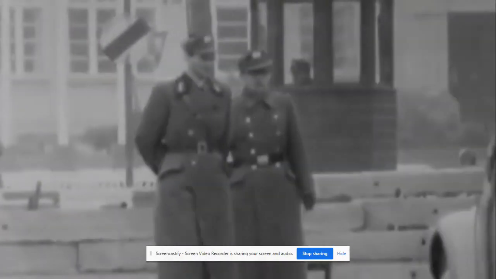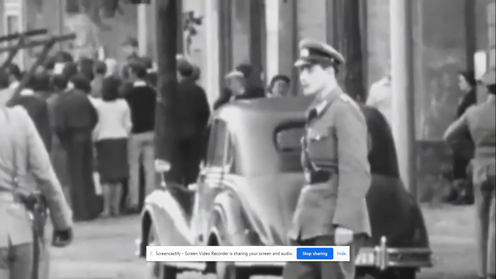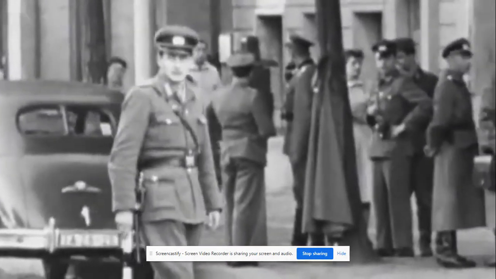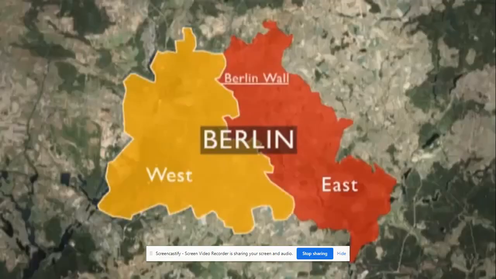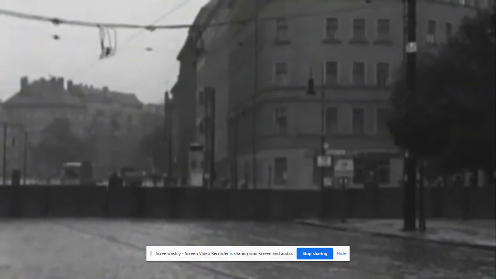But nobody did anything. Boyfriends and girlfriends, parents and children, whole families suddenly found themselves on opposite sides of the wall. Even streets became divided. The wall divided the street. So, for example, a young man and a young girl who loved each other couldn't see each other anymore when the wall was built, because the wall was built exactly at the street.